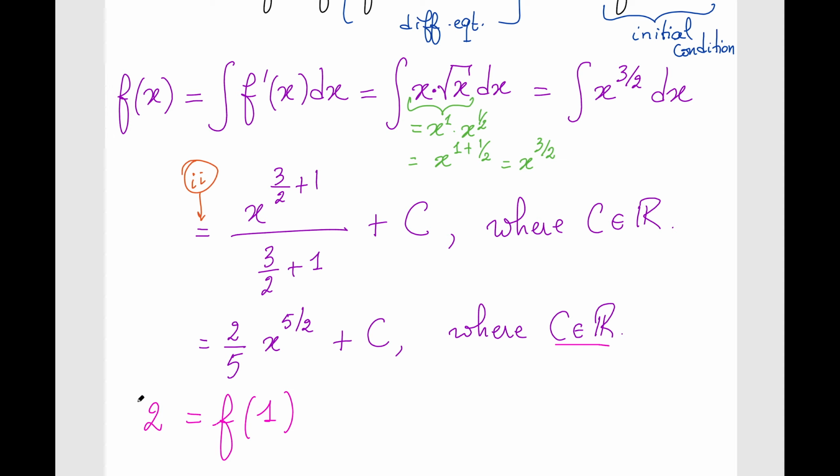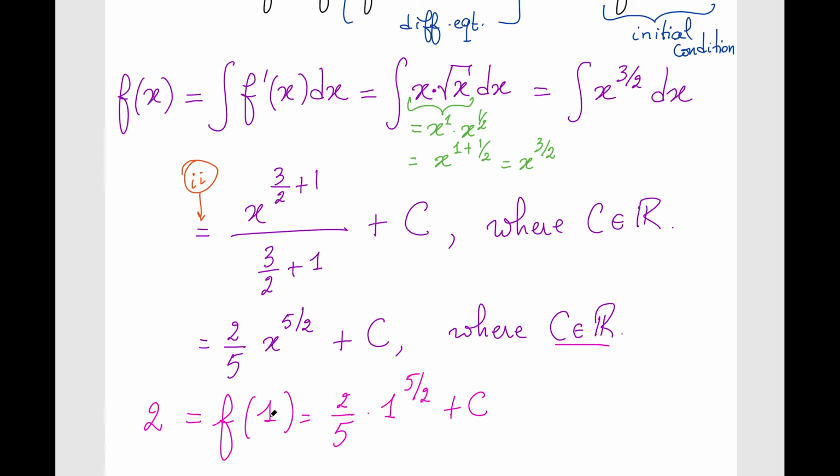Well, what's f of 1 in general? If this is f of x, what's f of 1? It's 2/5 times 1 to power 5/2 plus c, right? Agree with me?